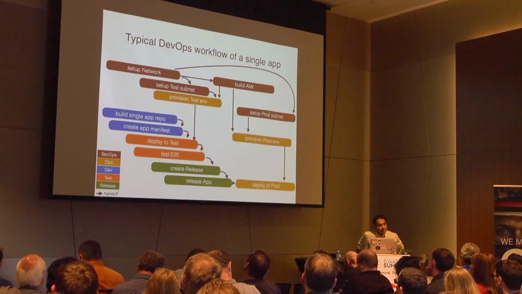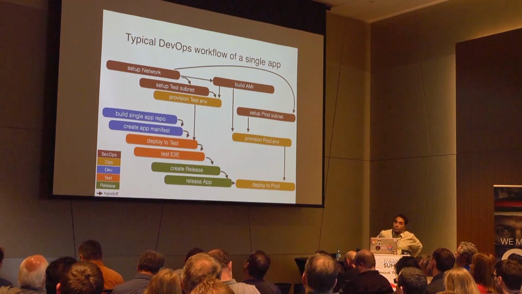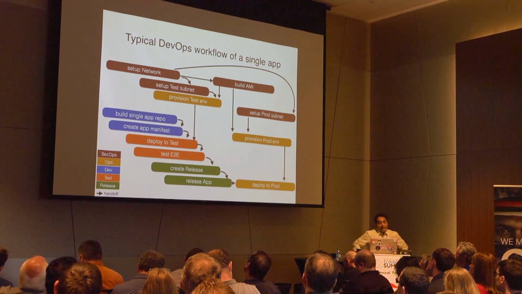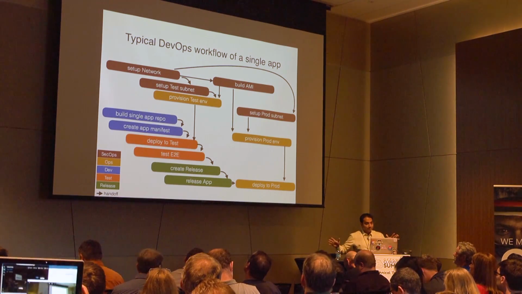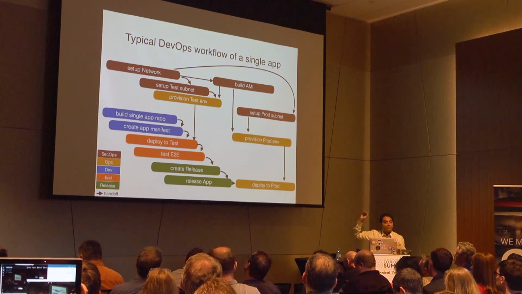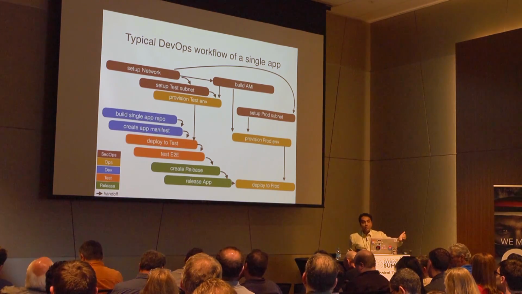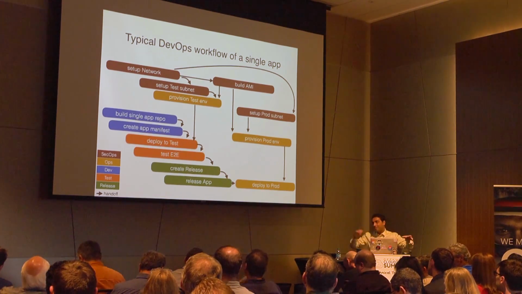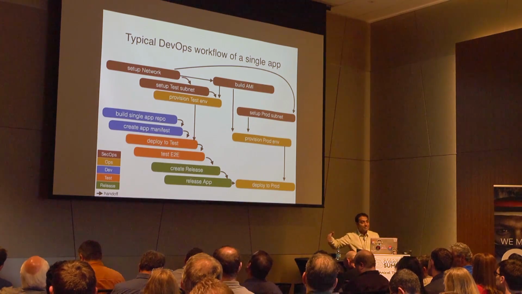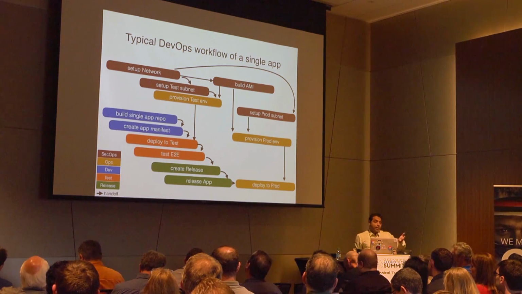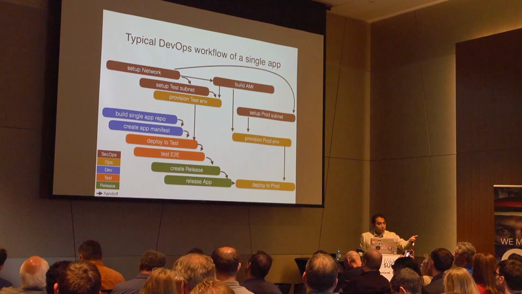So if you look at a typical DevOps workflow and all the teams involved, these are the kinds of activities that happen across all these teams. There is security operations that are worried about network, firewall rules, load balancers, edges, including the security patches on your image.